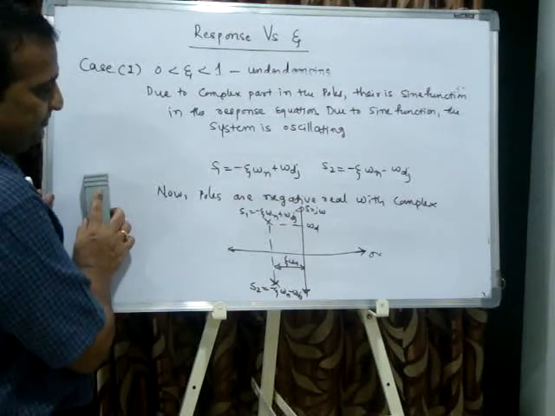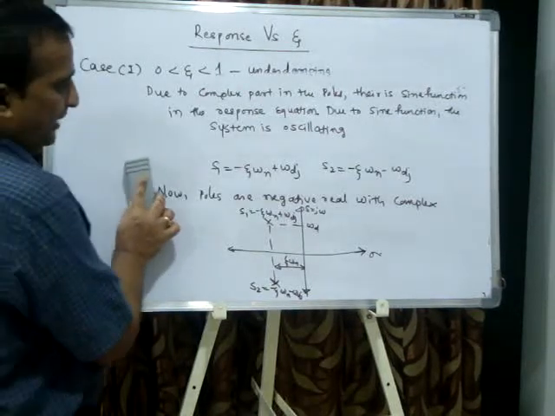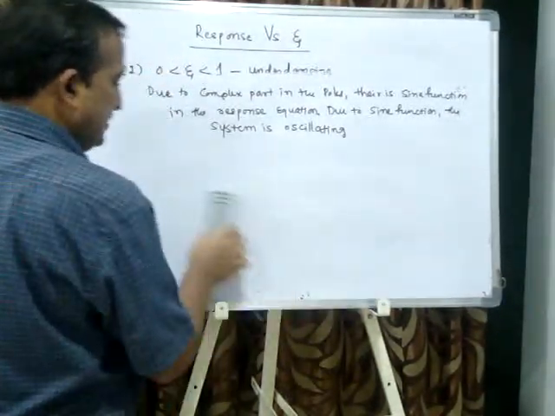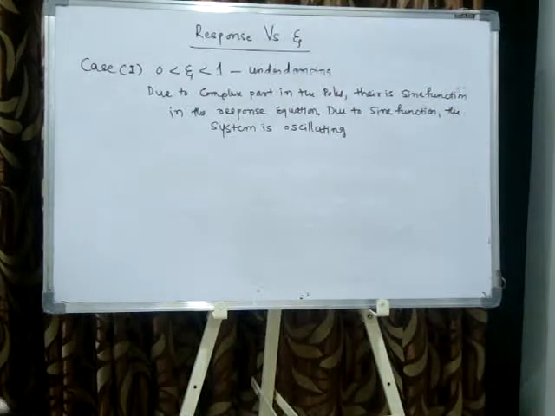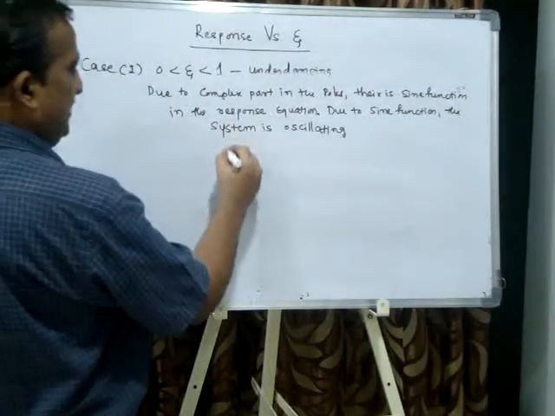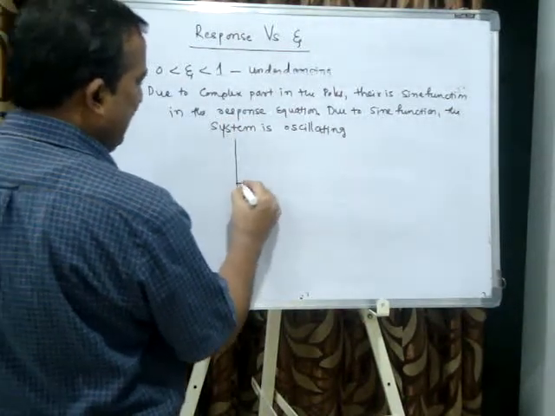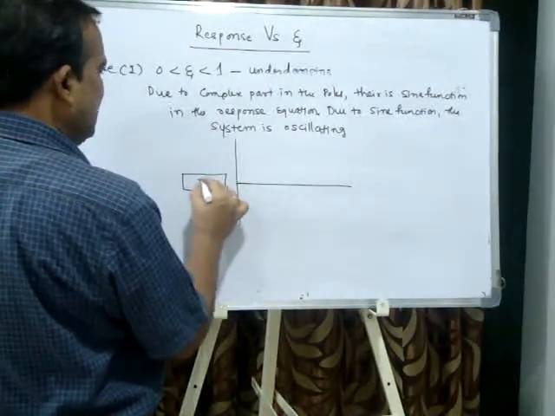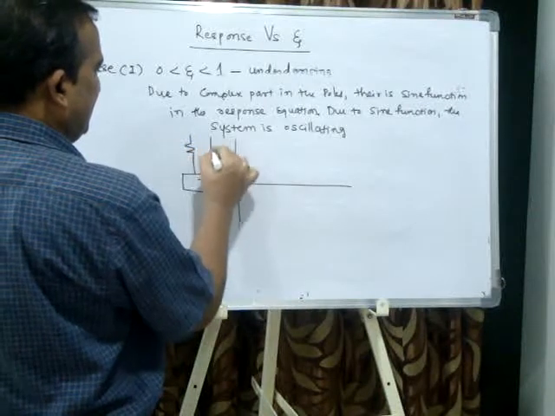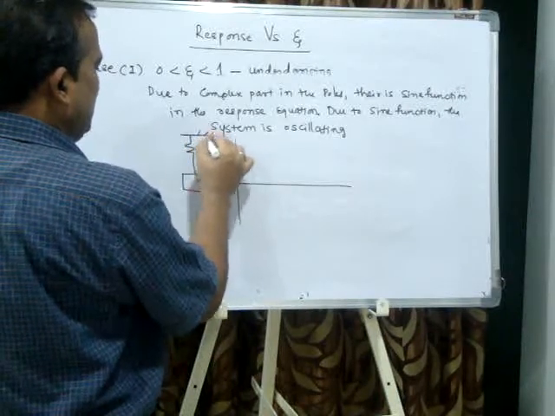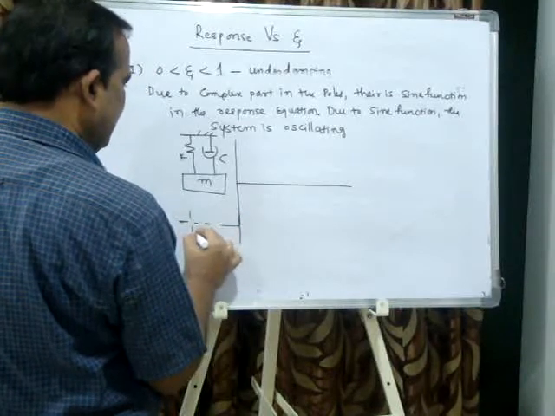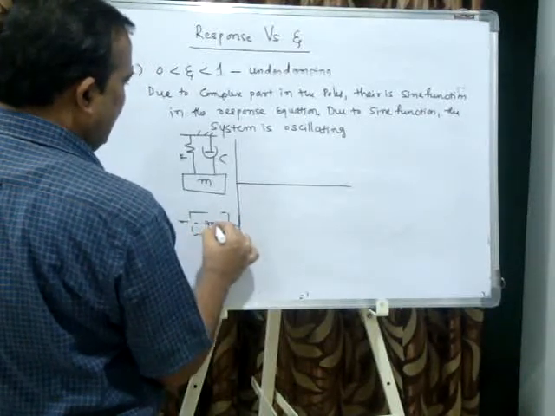Now we'll see the response equation in the next lecture, but tentatively the output means, if you take a spring mass system, you pull this spring mass system up to here, then leave it here.